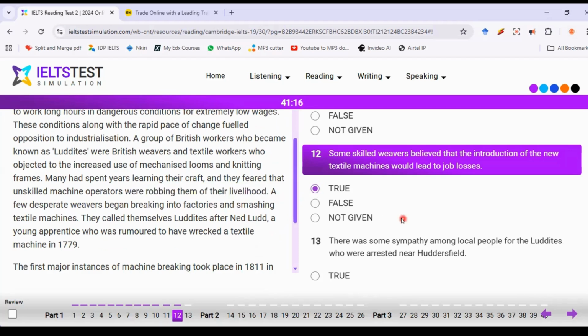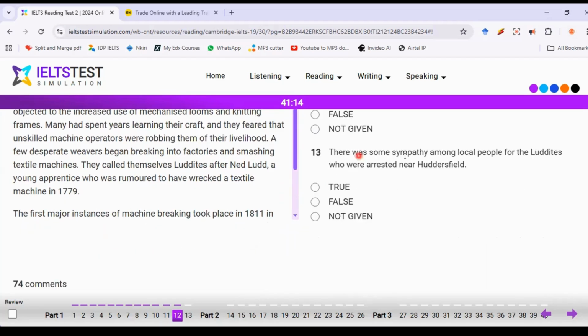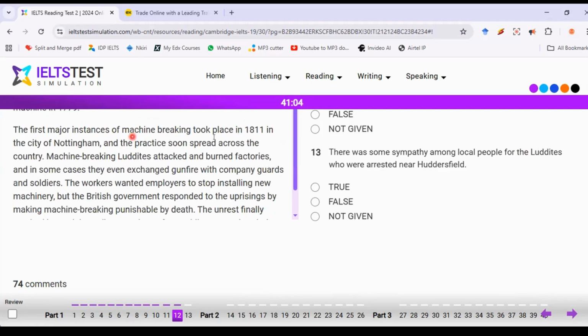Then number 13. There was some sympathy among local people for the Luddites who were arrested near Huddersfield. Sympathy. Then let's check the passage. The first major instance of machine breaking took place in 1811. Luddites attacked and burned factories. The workers wanted employers to stop installing new machineries.